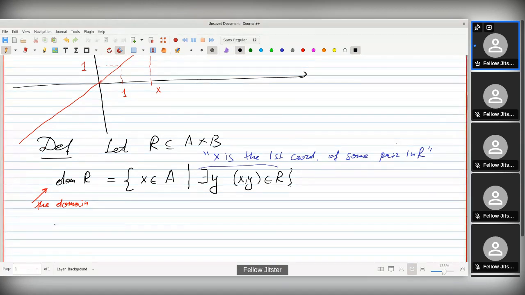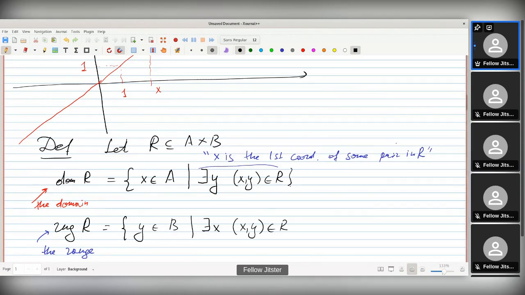And similarly, we can define the range of our binary relation the following way. It is a set of all such y in B that there is some x for which xy belongs to R. So what is it?